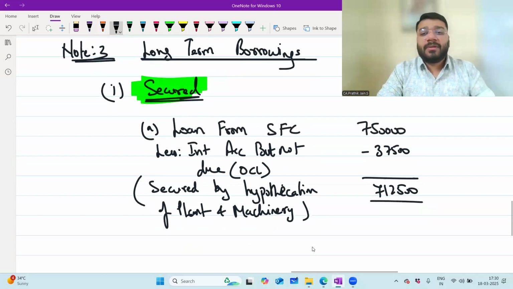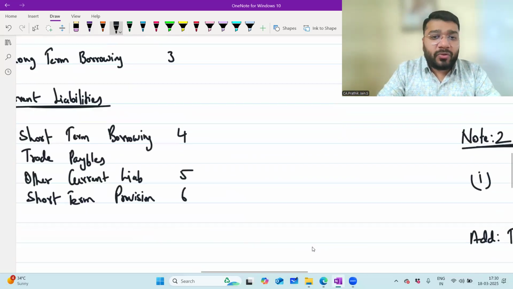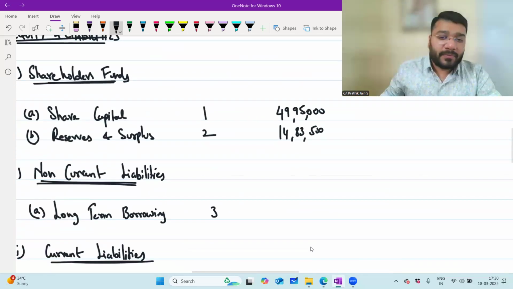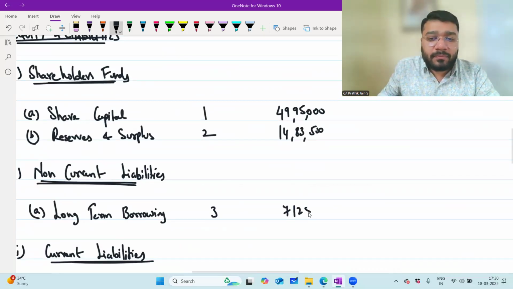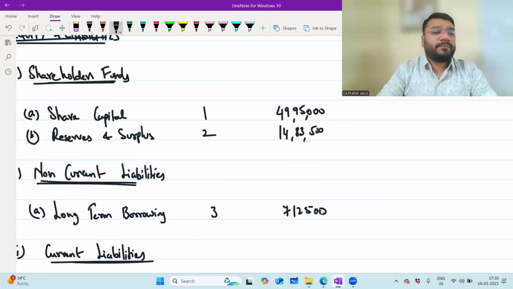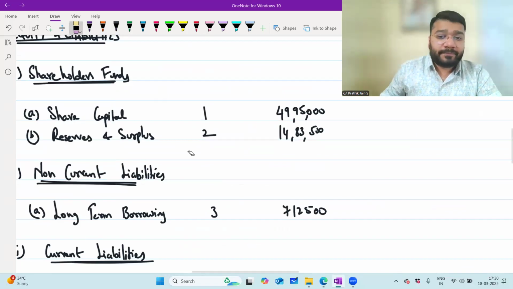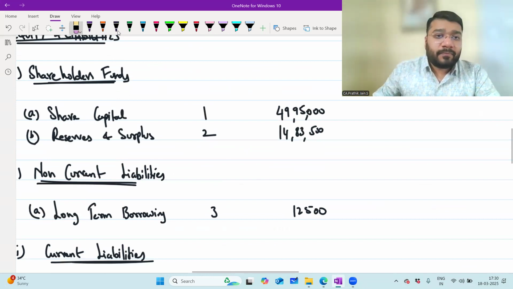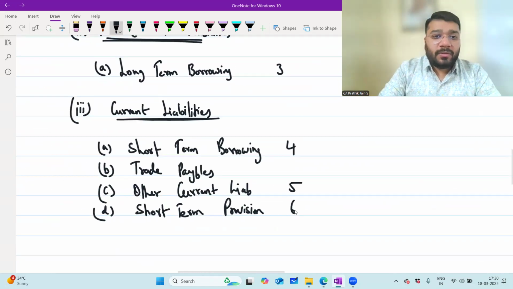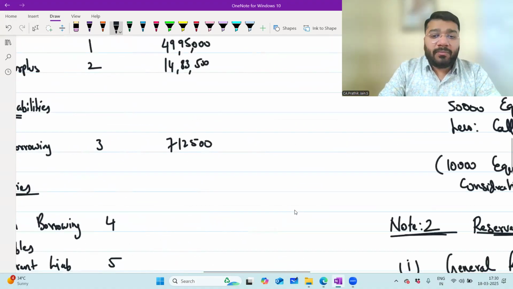Any problem? So 7,12,500 in the outer column and on the face of the balance sheet. 7,12,500. Short-term borrowing.